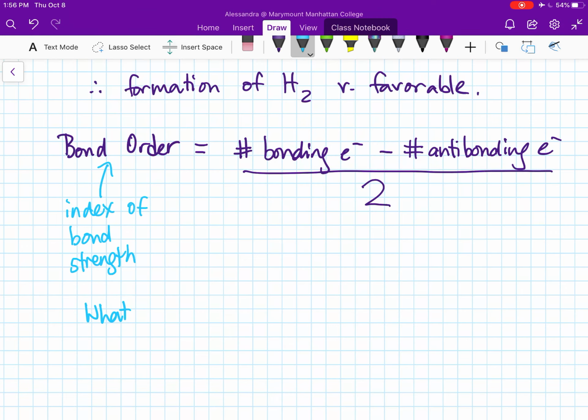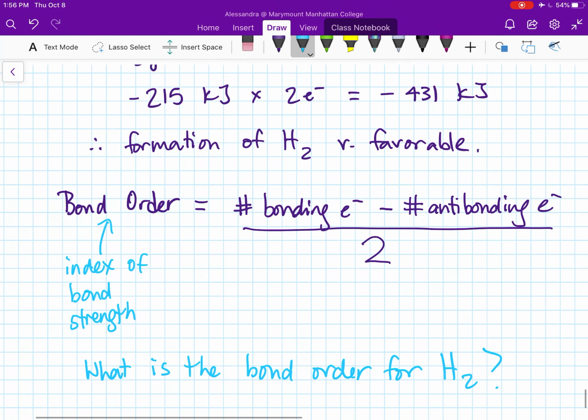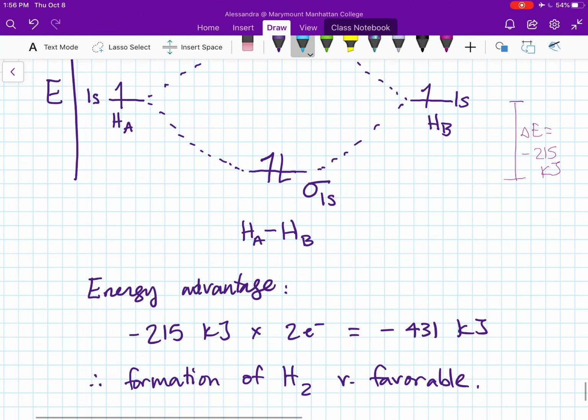So what is the bond order for the H2 molecule? Well, let's go back to our orbital interaction diagram.